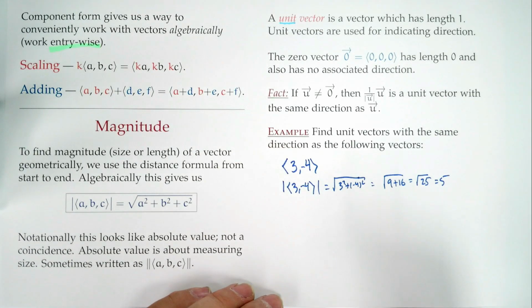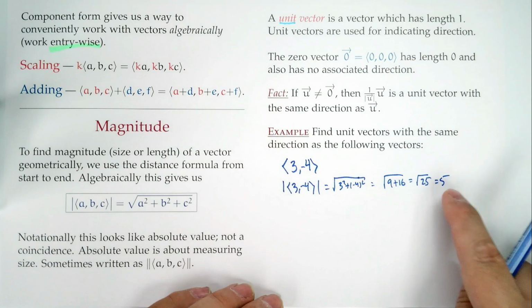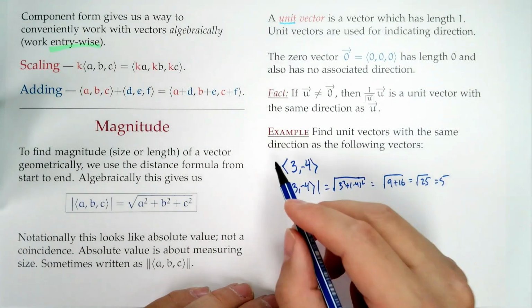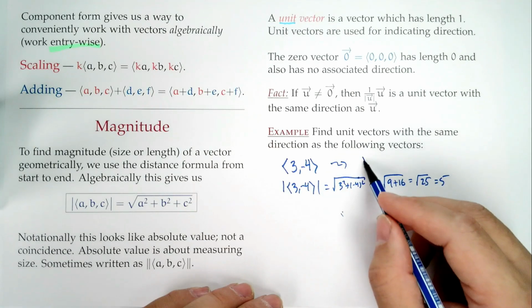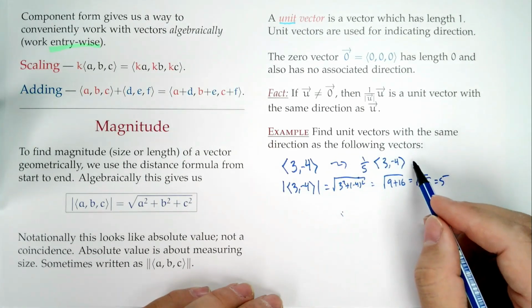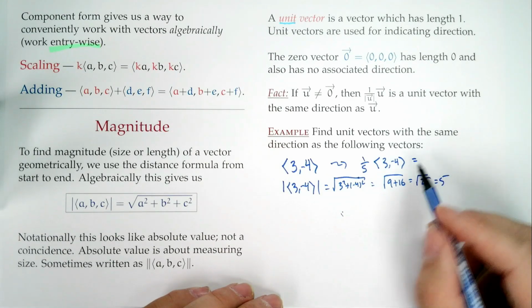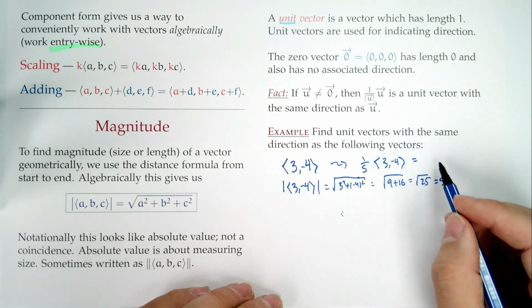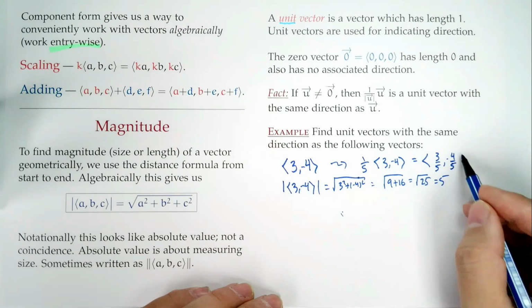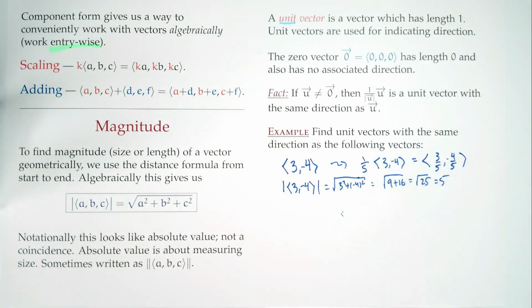So if I want to make it a unit vector, I need to scale by 1 over the magnitude. So we're going to multiply this by 1/5. So 1/5 times 3, -4, and we can leave it like that, or if we're in the mood, we can multiply through: 3/5, -4/5.